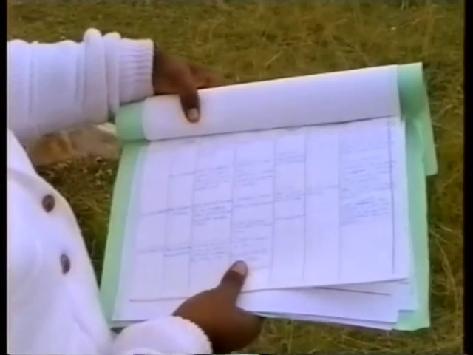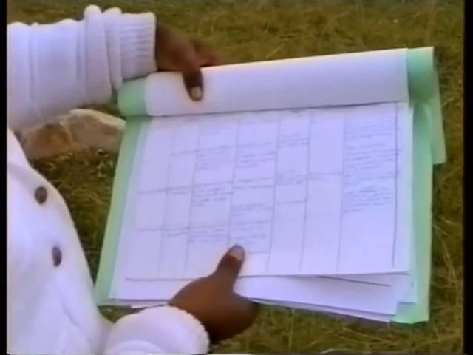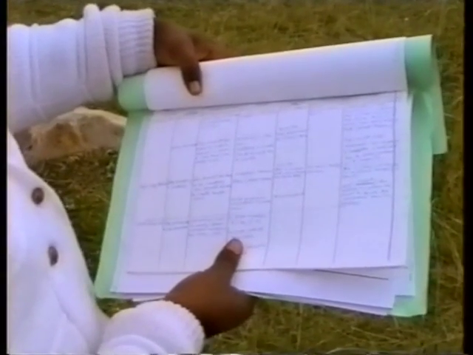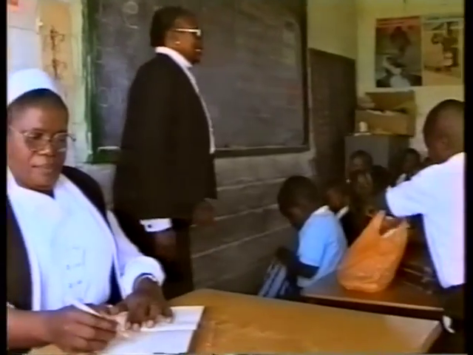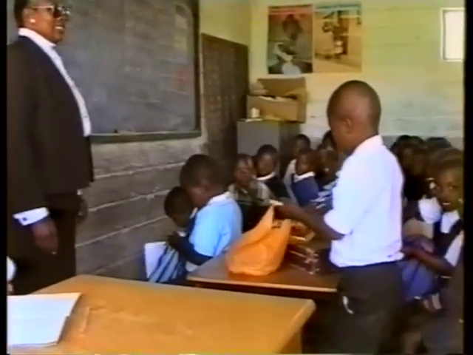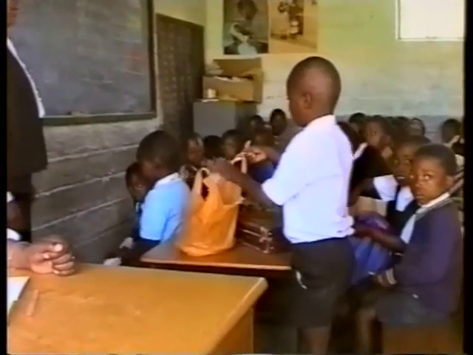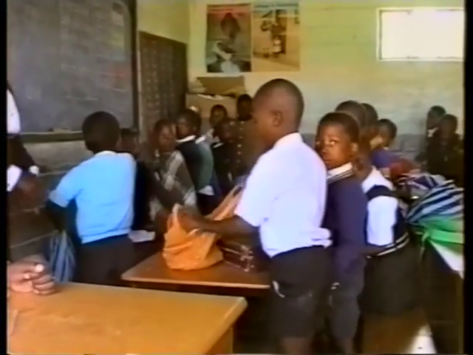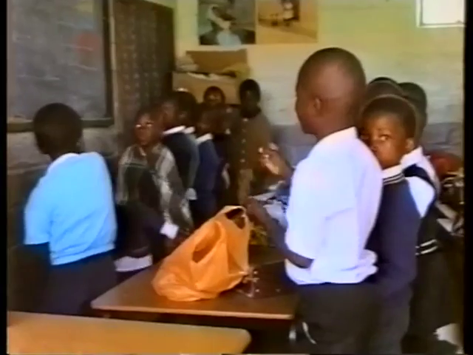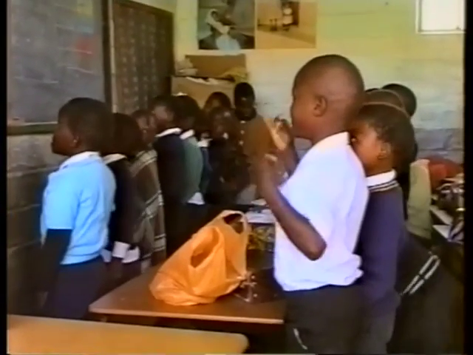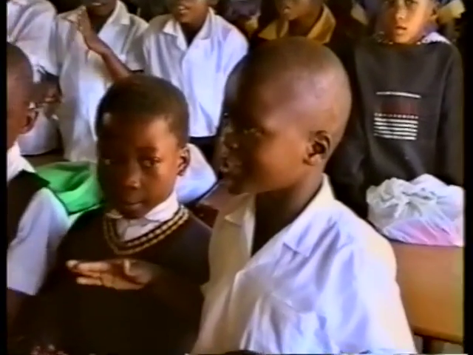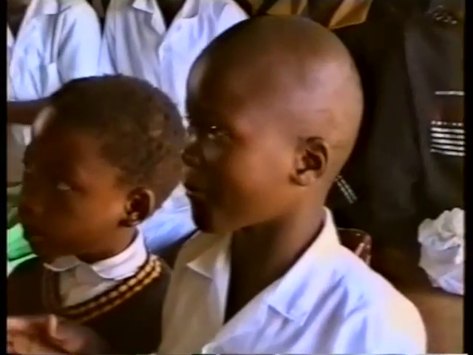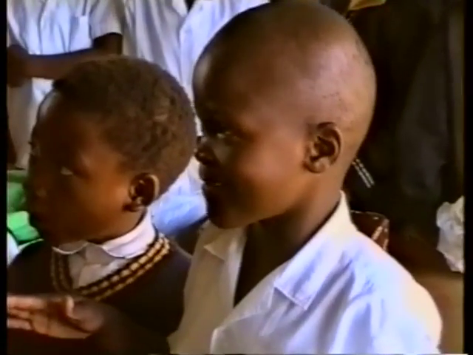The form has the type of program, the objective, activity, achievement, and constraints, and the remarks about how the child is doing. The student teachers find this format very useful to them because it is guiding them.